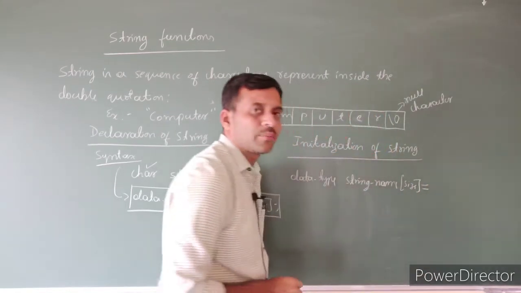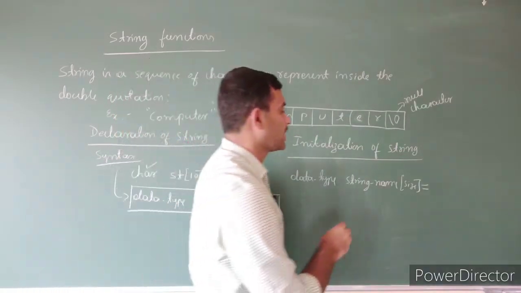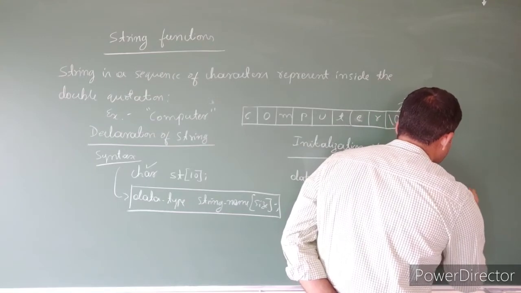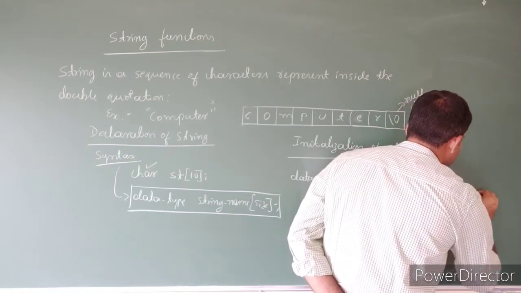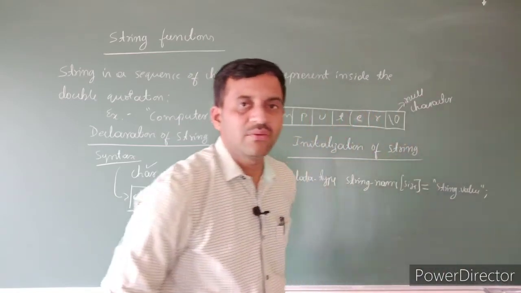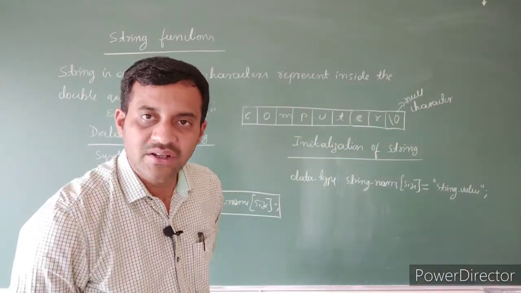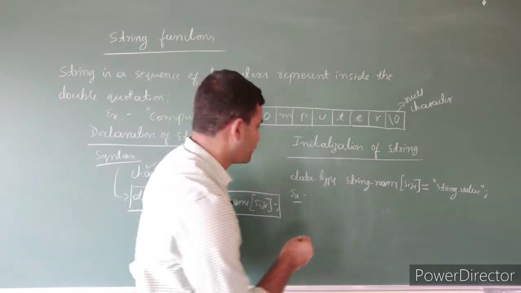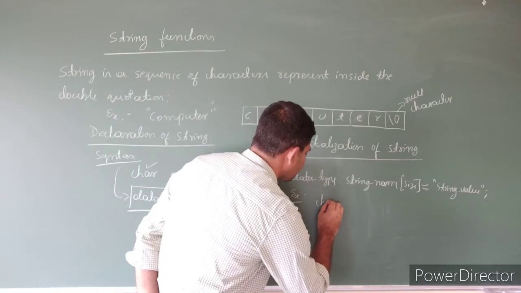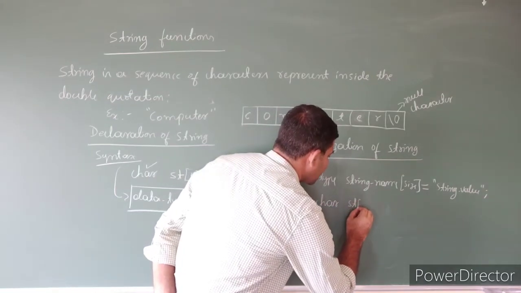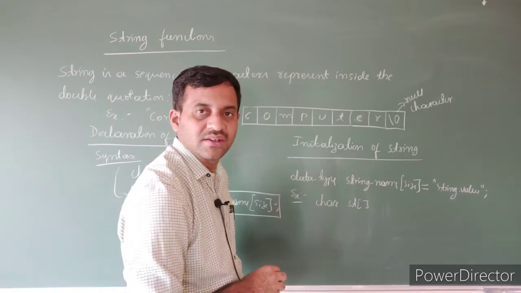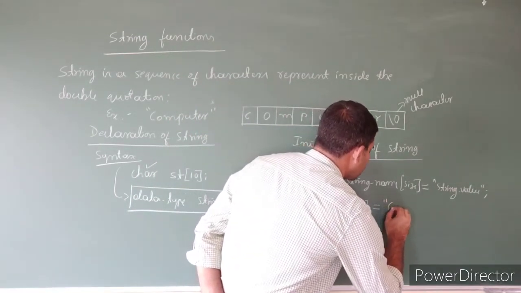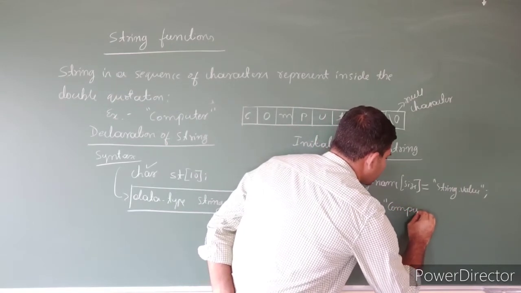Then the assignment operator, and inside the double quotation the string value, because strings are always represented in double quotation. See the examples. First we have to declare the string, char st[]. Here there is an empty index value followed by the assignment operator. Inside the double quotation there is computer.